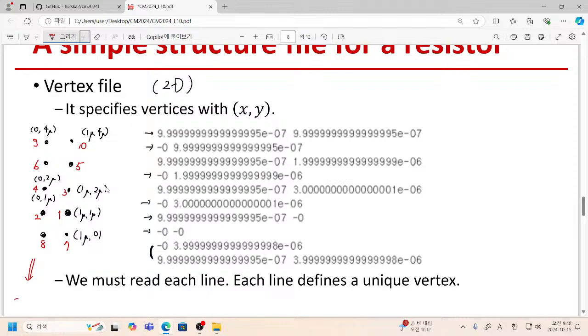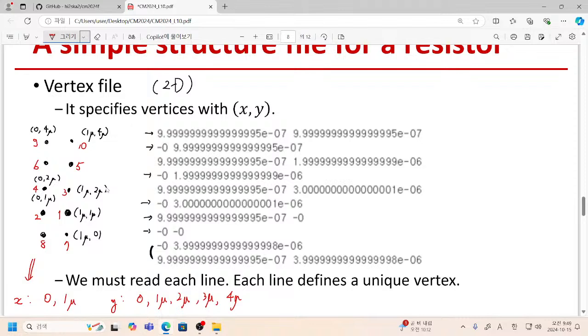I mean that in the x direction, it changes 0 and 1 micrometer, and in the y direction, it changes from 0, 1 micrometer, 2 micrometer, 3, 4, and you make the combination of these 2 by 5 combinations. Then you can generate 10 different points by a product between 2 and 5.